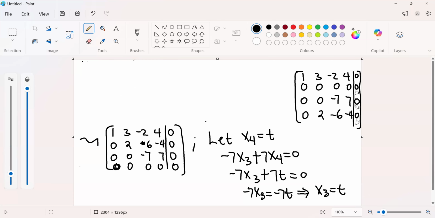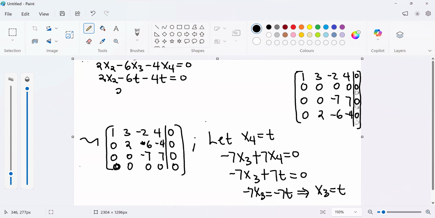Row 2 has 2x2 minus 6x3 minus 4x4 equals 0. So this is 2x2 minus 6, what is x3? It is t, minus 4x4, which is also t, equals 0.